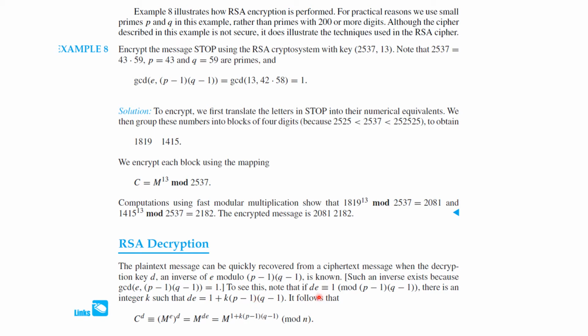To see this, note that if de is congruent to 1 mod (p-1)(q-1), there is an integer k such that de = 1 + k(p-1)(q-1). So it follows that c to the d power is m to the e, to the d power, which is m to the de. But that is m to the 1 + k(p-1)(q-1) mod n, by substitution.